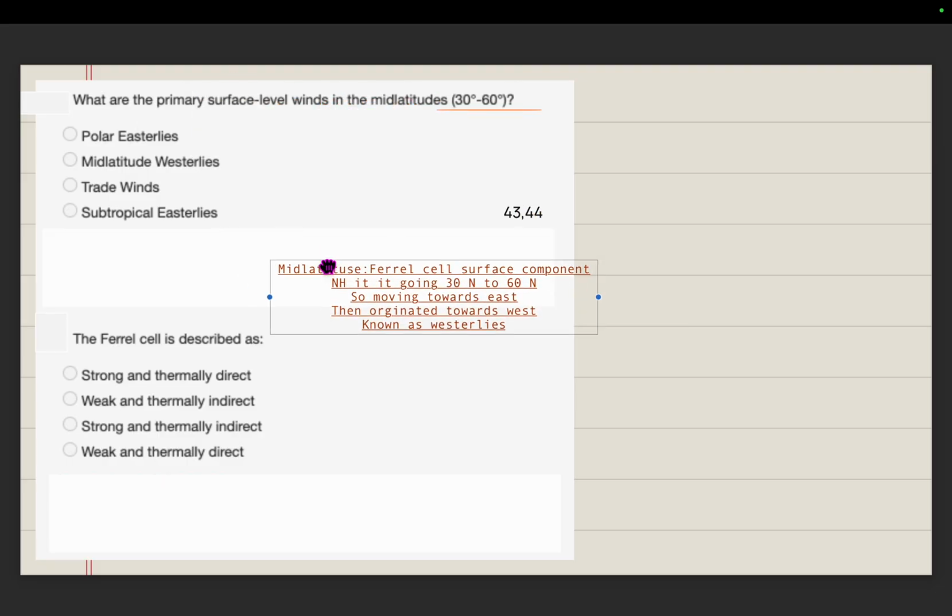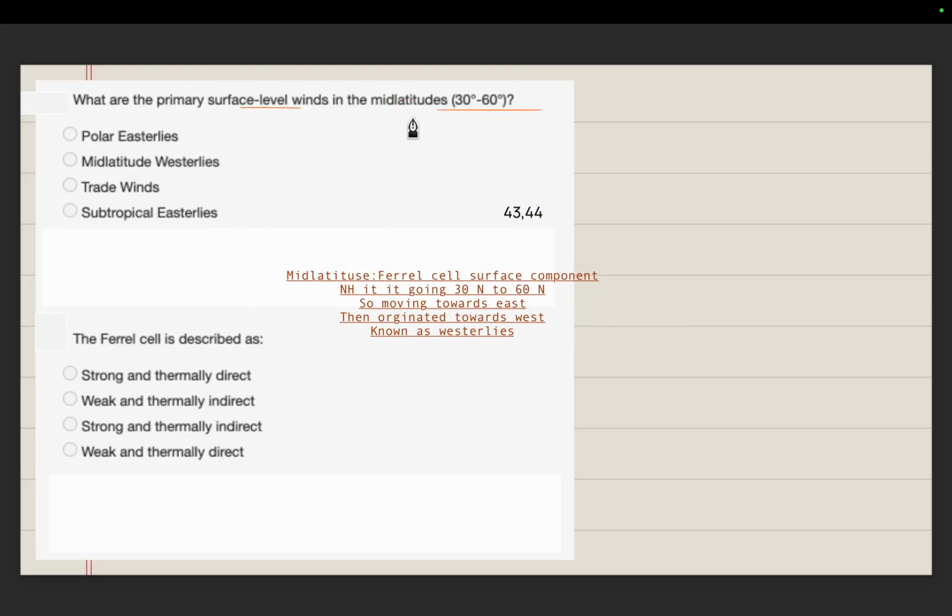So the primary surface level winds in the mid latitude are the polar westerlies, mid latitude westerlies, trade winds, and the subtropical easterlies.